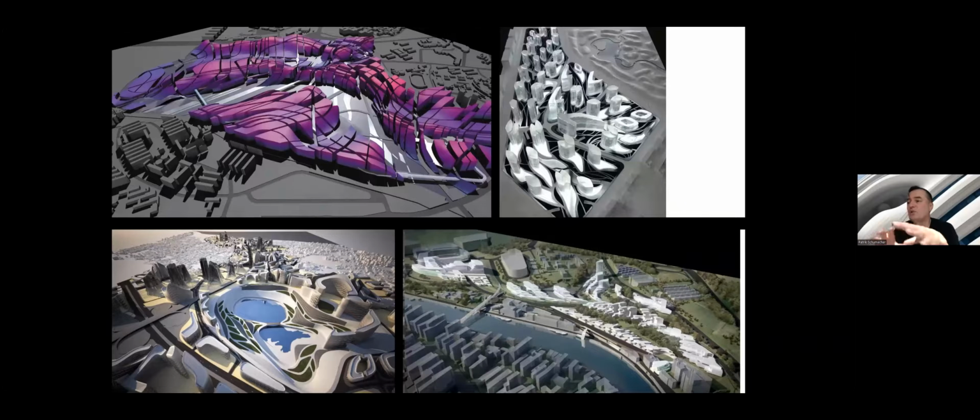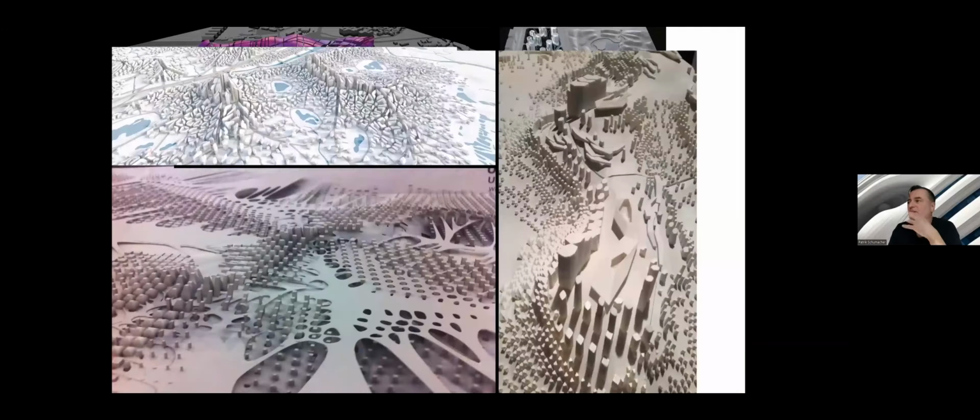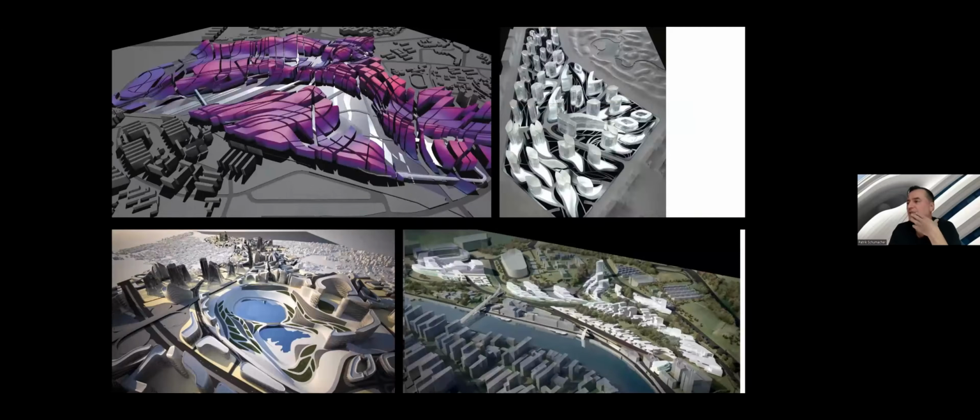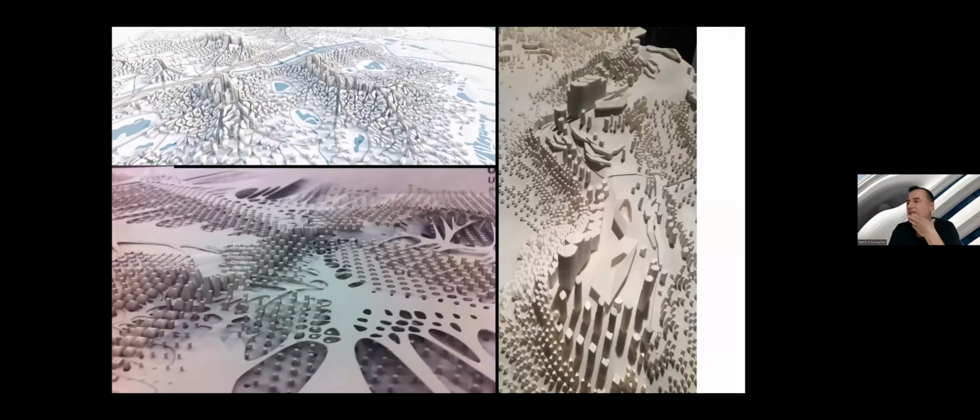So the spatiological project informs that, but it needs to be a separate project to control legibility. These are studies we've done with Zaha Hadid Architects over the years and in various teaching arenas.